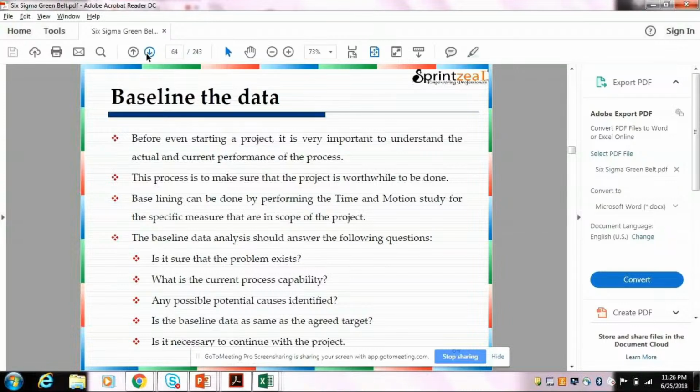If it is the same as the agreed target, we really don't need to do the project, right? At the time of baselining, you would be able to find out whether it is necessary to do this particular project. If we believe that something is wrong and the data tells us otherwise, then we need to take a decision whether we should go ahead with the project or not.